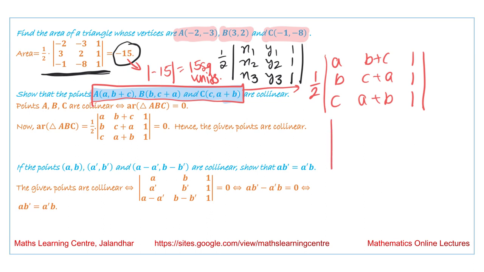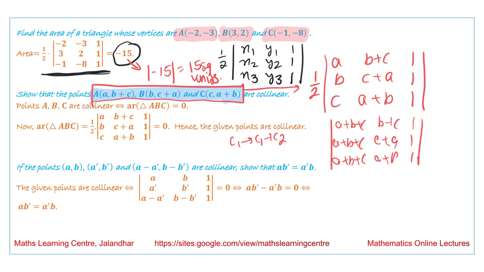To evaluate this determinant, we are going to perform C1 goes to C1 plus C2, and we will get a+b+c, a+b+c, a+b+c in the first column, then b+c, c+a, a+b, and 1 1 1.